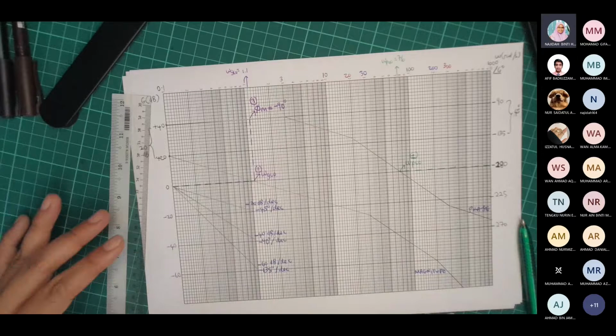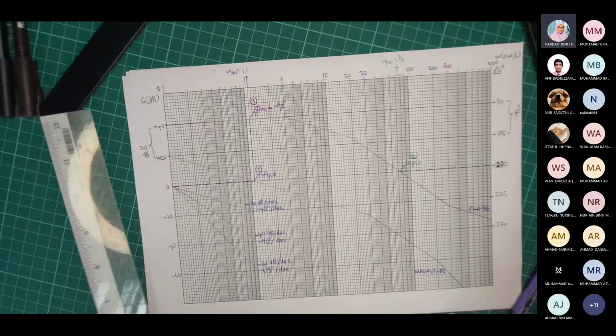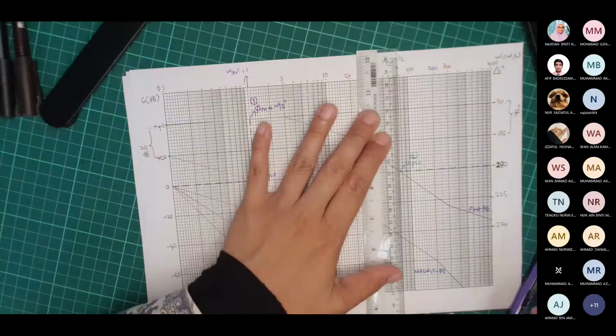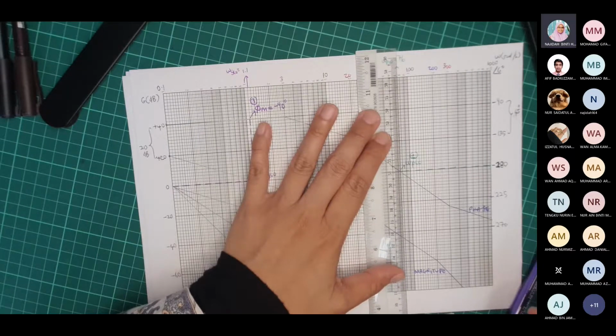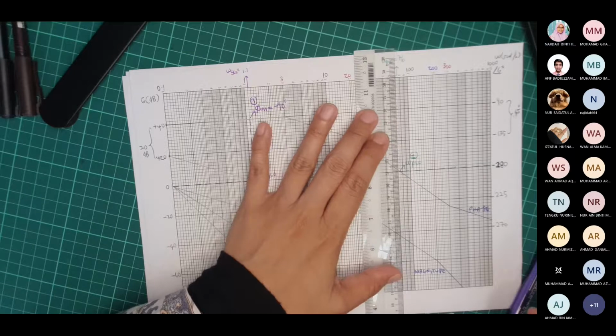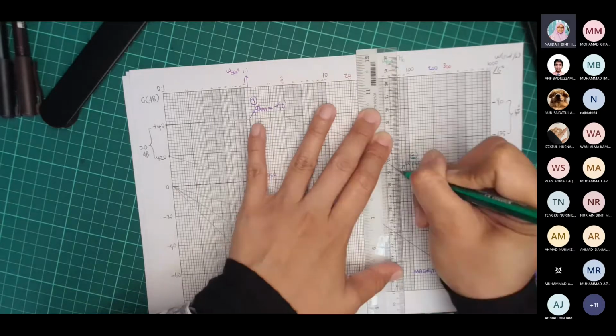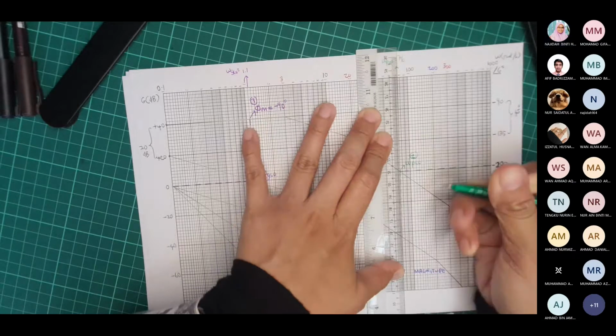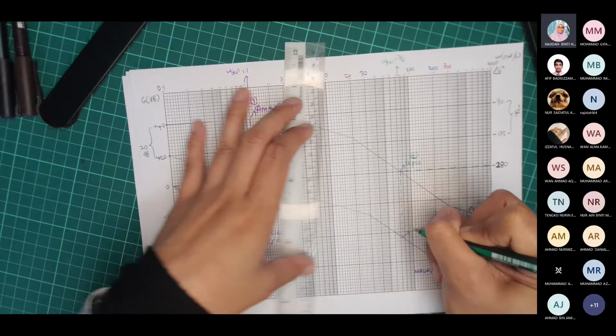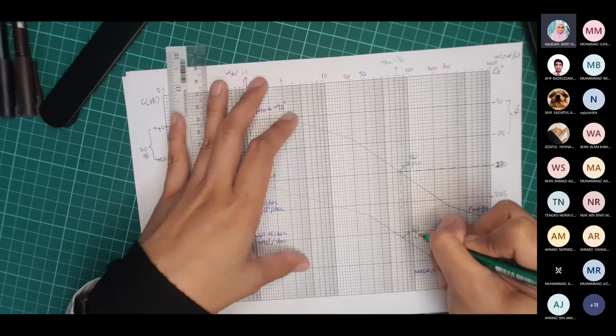Next, my fourth step. At the same frequency, omega PCO, I go to the magnitude plot. This is my LM.